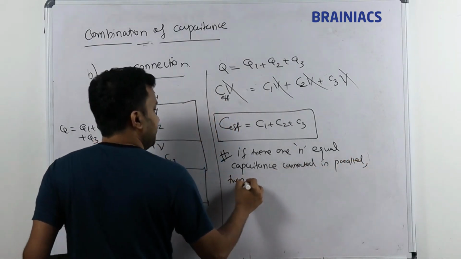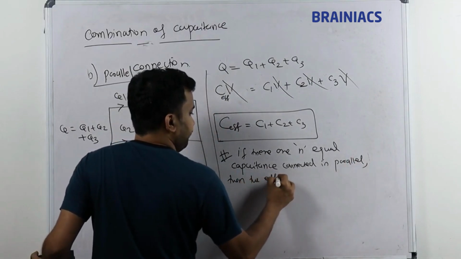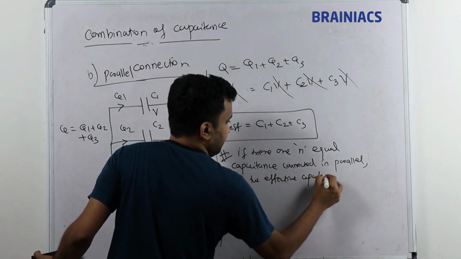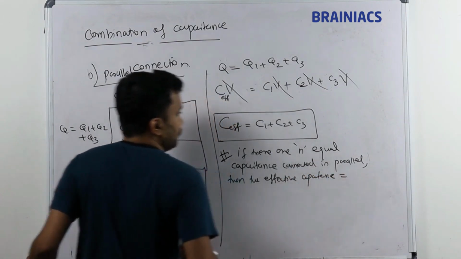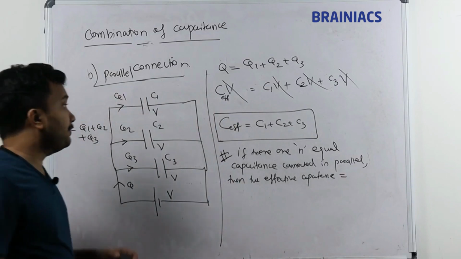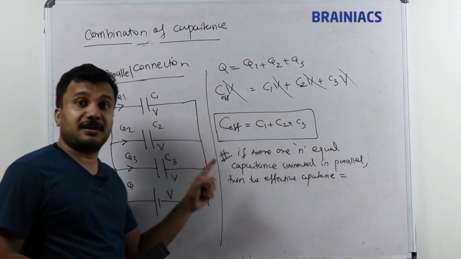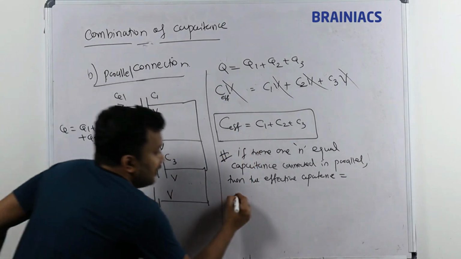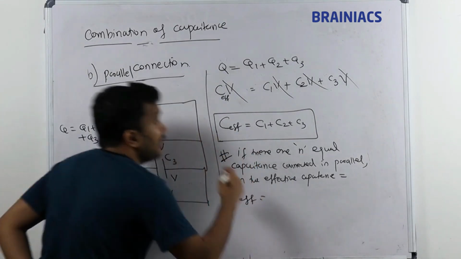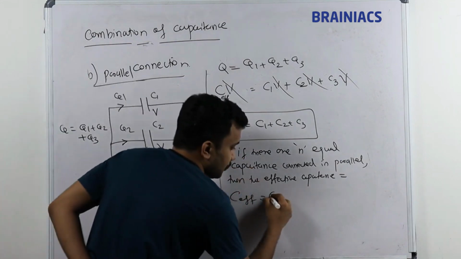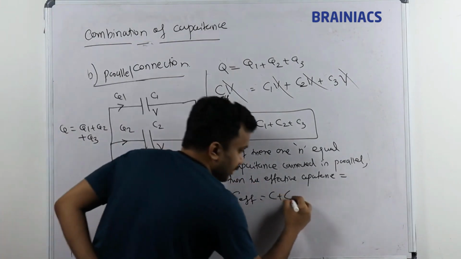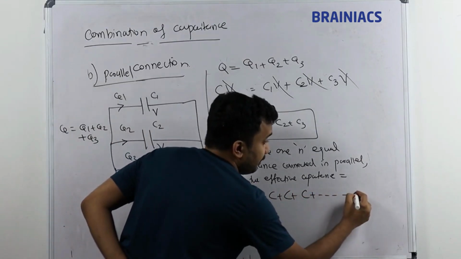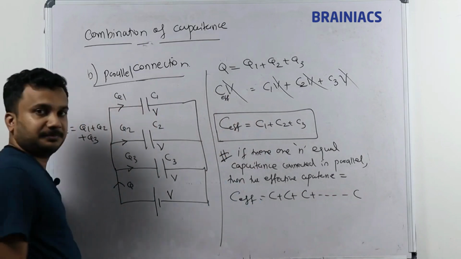then the effective capacitance is equal to, if there are n capacitances connected in parallel, which means what? C effective is equal to, there are n capacitances. So C plus first capacitor, second capacitor C, third capacitor C, and go up to how many capacitors? N capacitors.